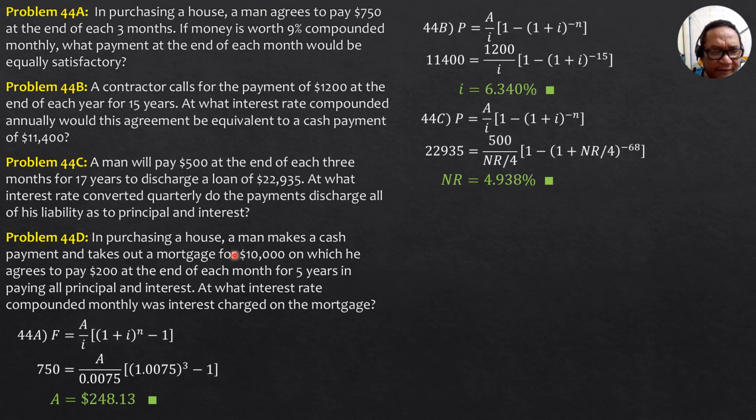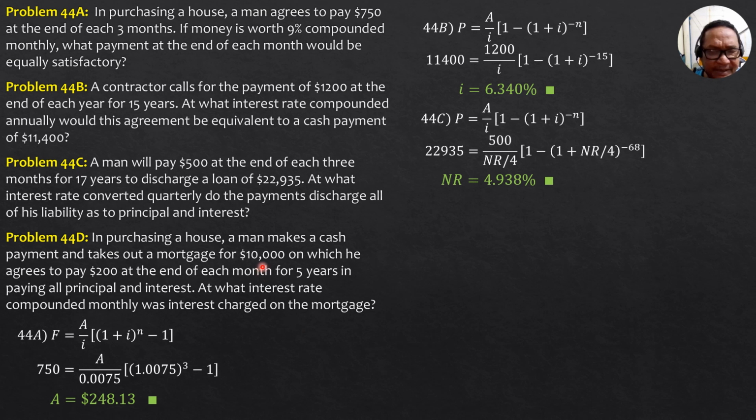We proceed to 44D. In purchasing a house, a man makes a cash payment and takes out a mortgage for $10,000 on which he agrees to pay $200 at the end of each month for 5 years in paying all principal and interest. So at what interest rate compounded monthly was interest charged on the mortgage?